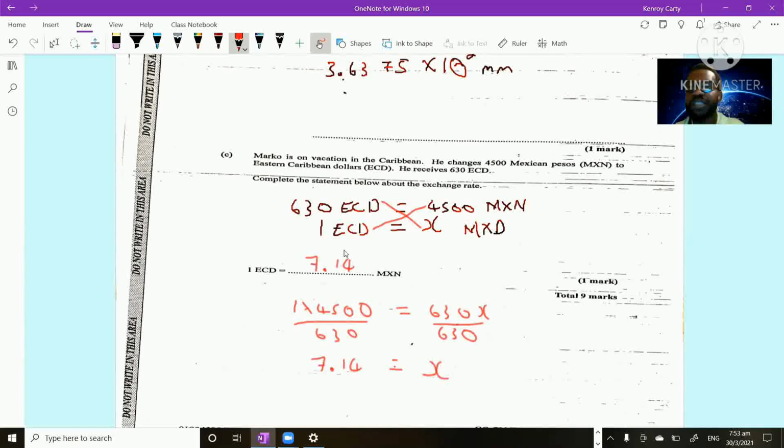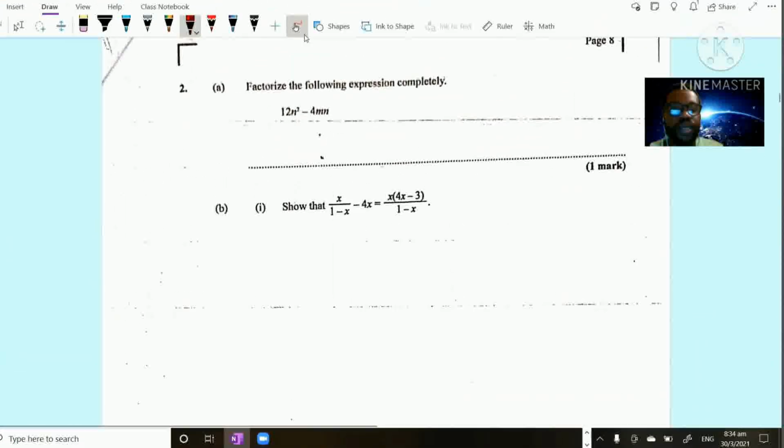Remember, money can only have 2 decimal places, as 100 cents makes a dollar. Very important here. Move on to question 2 in the 2021 January resit paper.